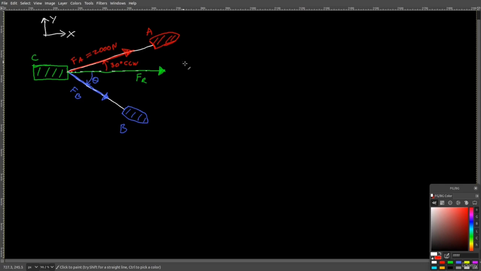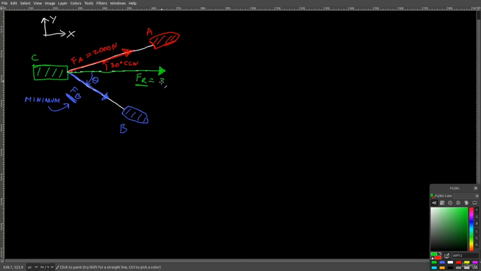What is important though is that FB needs to be as small as possible. So you should minimize FB. And so your task is to find FB, theta, and FR so that FR would point in the positive x direction and so that FB would be minimum.